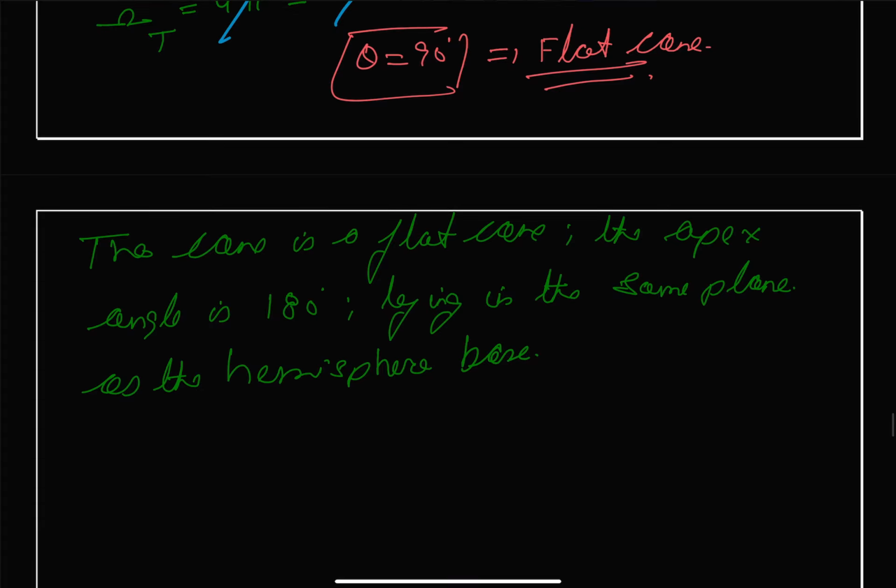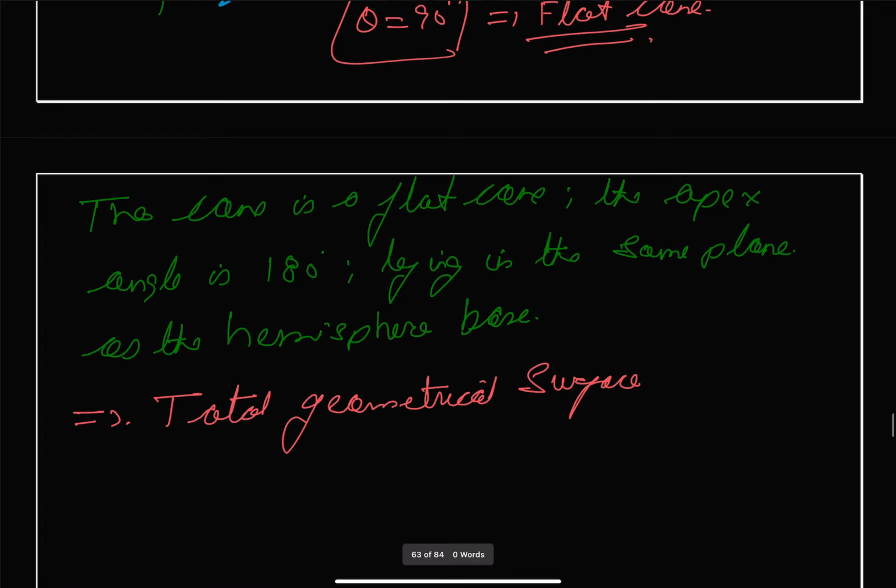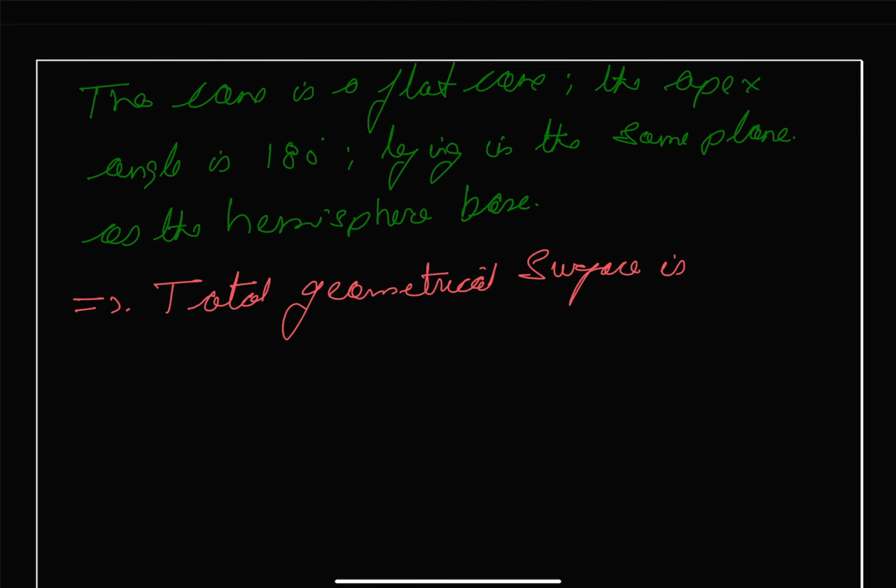Therefore, we can say that the total geometrical surface is hemisphere plus flat cone, which basically gives us a full sphere.